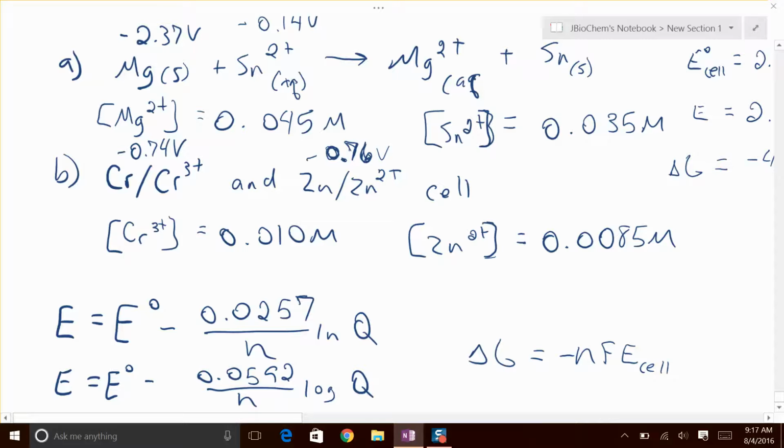Zinc is being oxidized. What's N going to be for B? You have to figure that out by writing out the chemical equation, balancing it, and finding out how many electrons. So write the two half reactions, balance them, and then combine them.